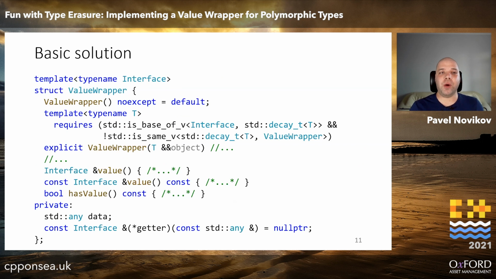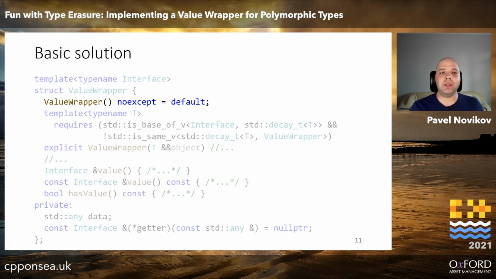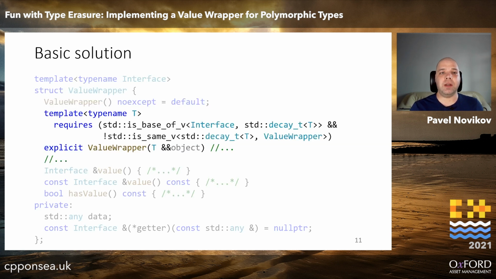So here is our basic solution using std::any. Let's see what it contains. It contains a default constructor that constructs an empty wrapper that doesn't contain any value. Then we have a constructor from an arbitrary type, and we have to constrain it to accept types that are derived from the interface. We also want to constrain it to not participate in copy construction and move construction, because we want these operations to be generated for us by the compiler.